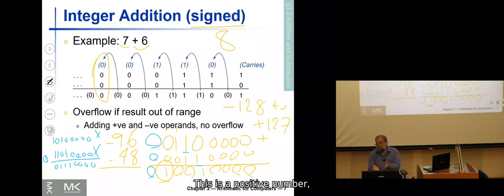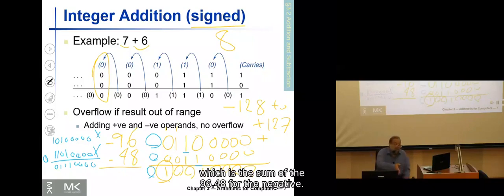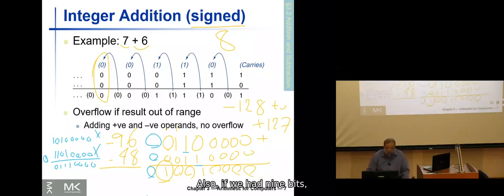So this is a positive number, which is the sum of the 96 and 48. And for the negative also, if we had 9 bits, this is minus 96, this is minus 48, and if you add them together, 1 plus 1 is 0, 1 is coming here, 1 plus 1 plus 1 is 1, and we had a 1 coming out of this.